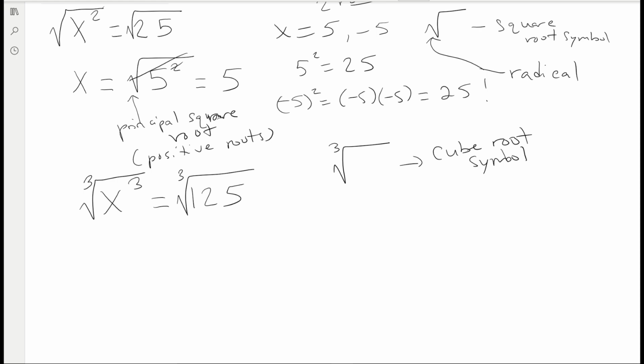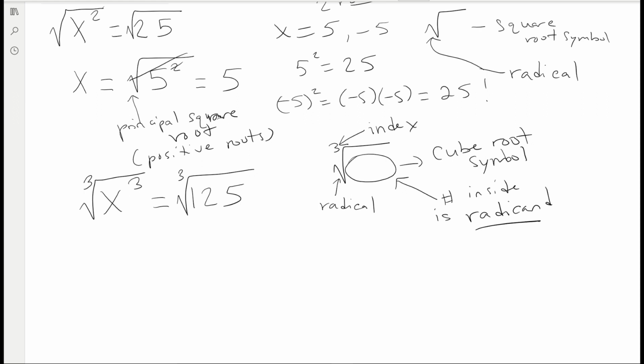All right, so again, let's recap. This symbol is called the radical. This 3 right here is called the index. And the number that is inside the radical is the radicand.